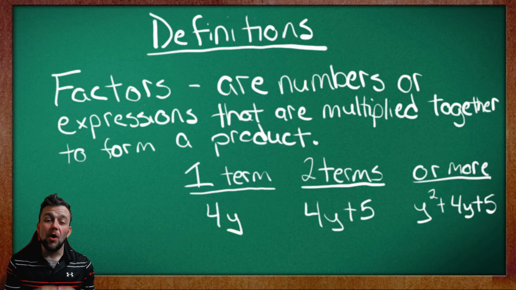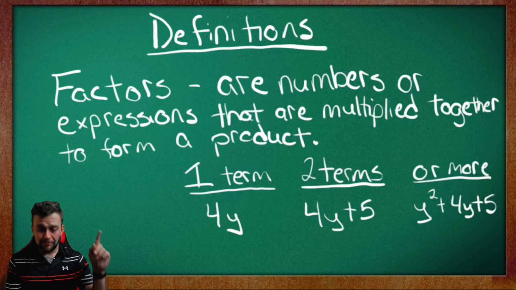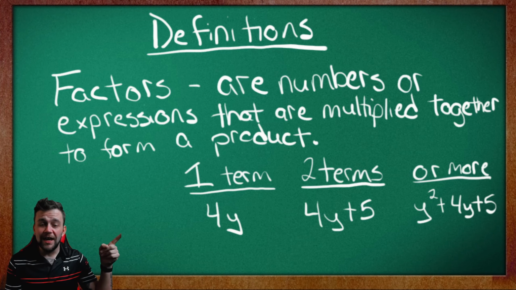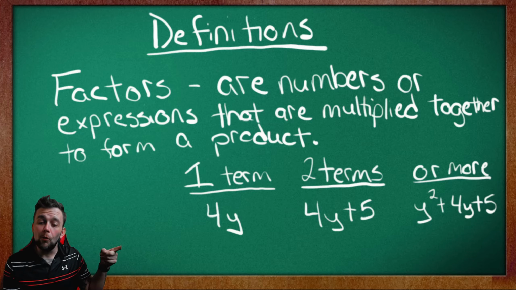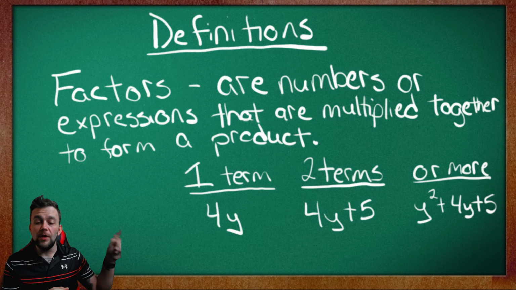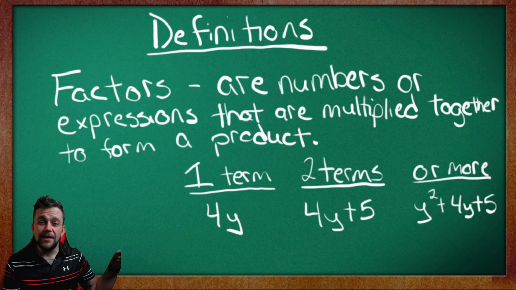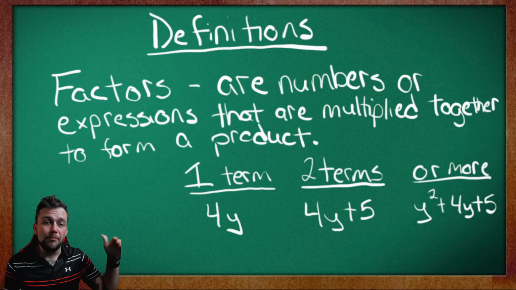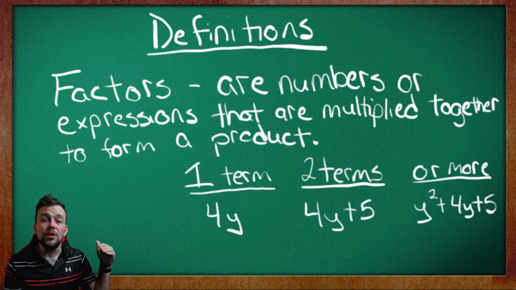But you can also have letters involved with your factors, right? So there are one-term factors, like 4y is a factor of something. You can have two terms, so when you have something like 4y plus 5, and that is a factor, that would be a factor of a binomial or a polynomial equation.